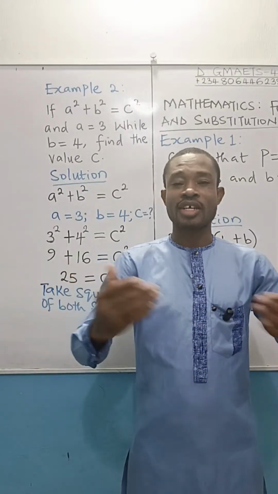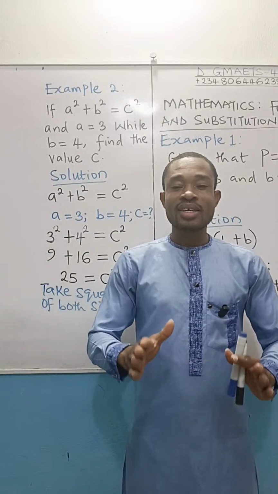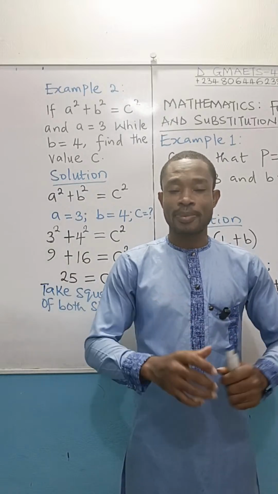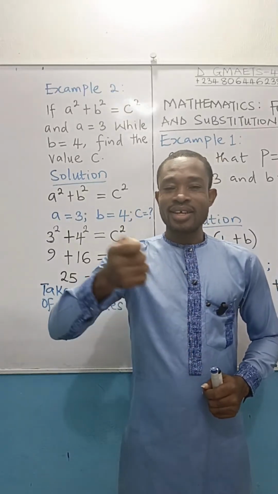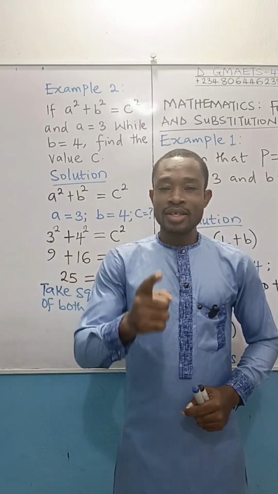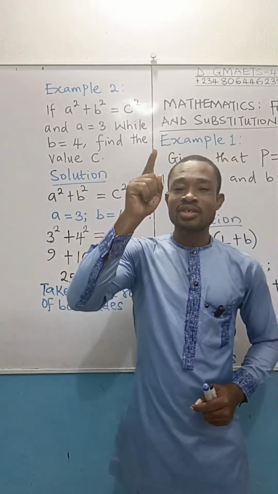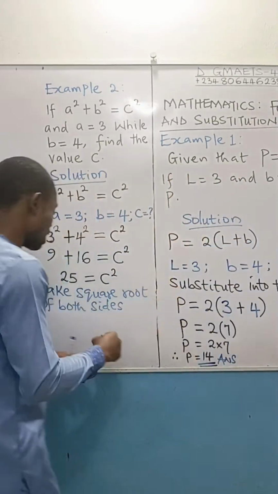That is dividing both sides by the coefficient of the unknown. Yeah, these are basic simple equation principles. As you move on, there are other things in maths you do whenever you are looking for an unknown. Anytime an unknown has a square, to remove the square, you take square root. And this is how you take the square root.